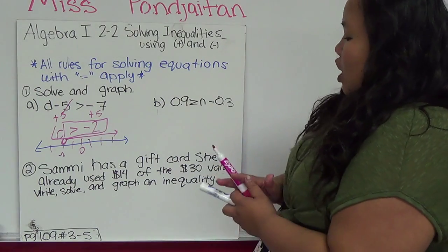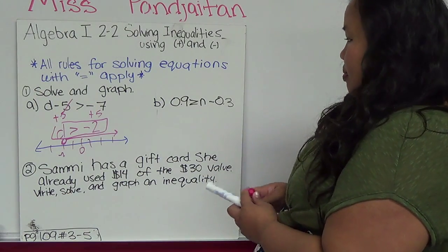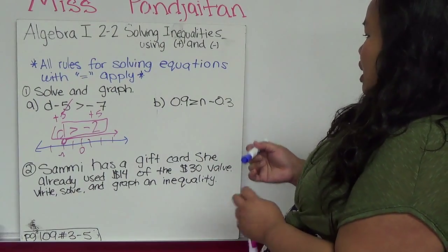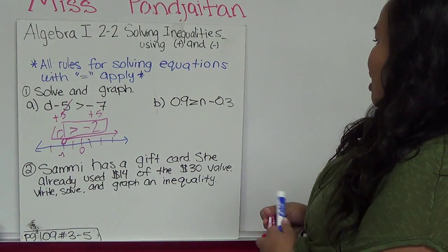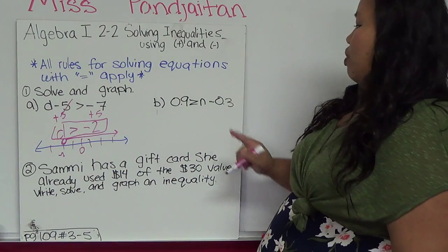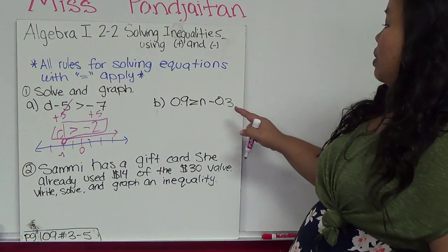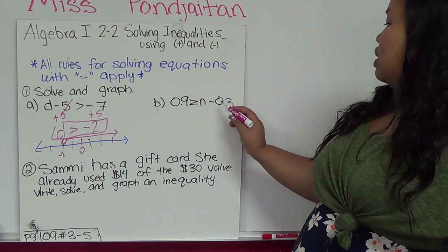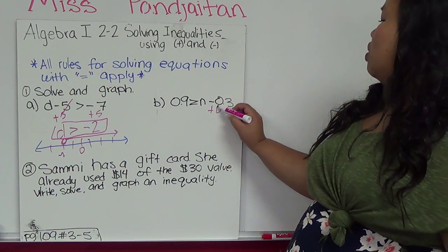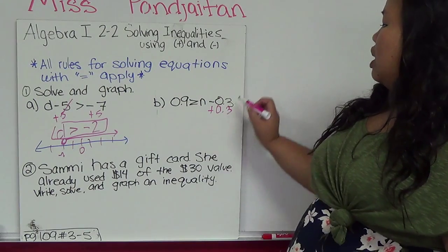The next one I'm dealing with is decimals. With this decimal, I'm going to again isolate n. This is my variable. The friend that's attached to n is negative 0.3, and the opposite of negative 0.3 is positive 0.3 on this side to get rid of it.